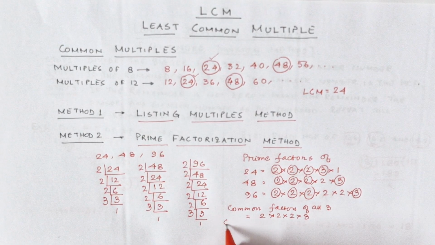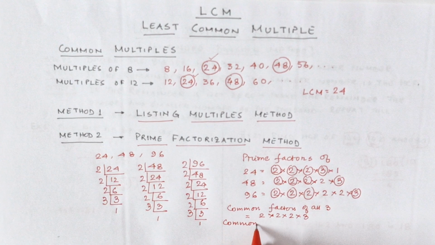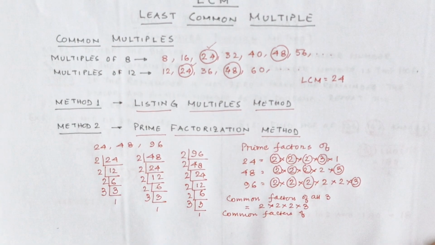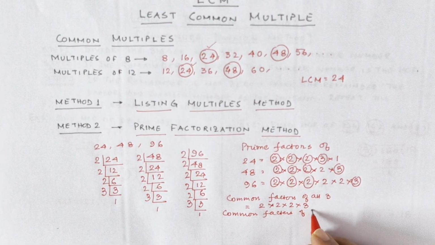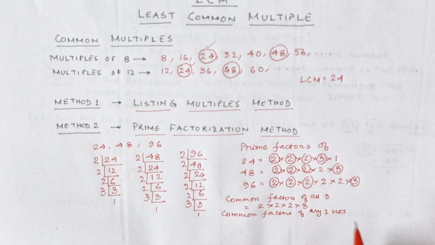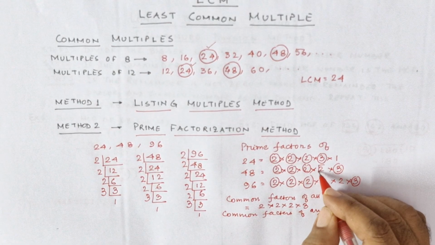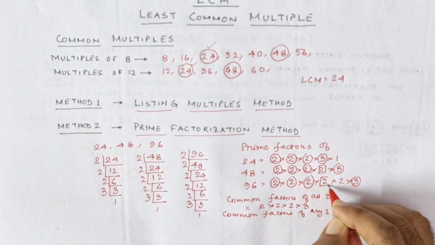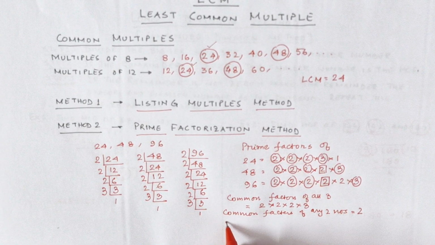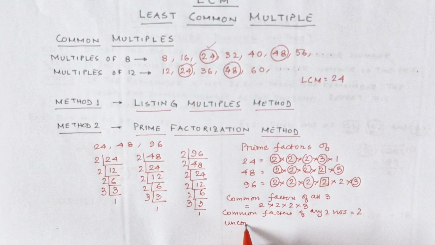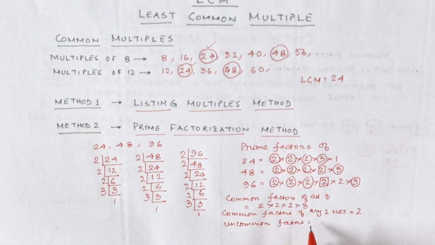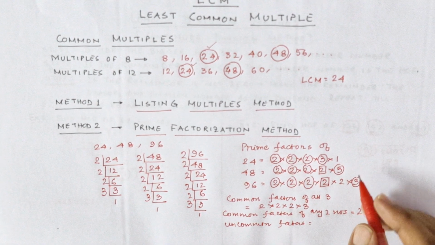Now let's see the common factors of any two numbers. See, any two numbers. So this is common between these two. So we'll write 2. Now, uncommon factors, or which are leftovers. So which are leftovers?